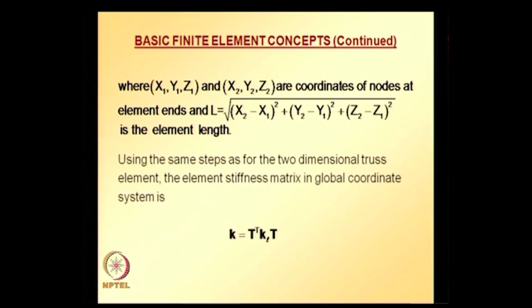and the relation between the element stiffness matrix in the global coordinate system and the local coordinate system, the equation looks similar to what we derived for the 2D plane truss element, except that the transformation matrix T is different.